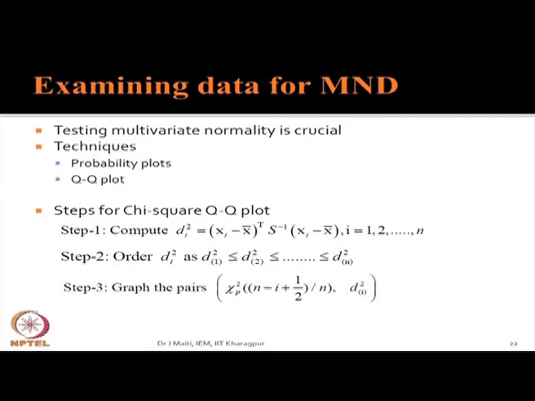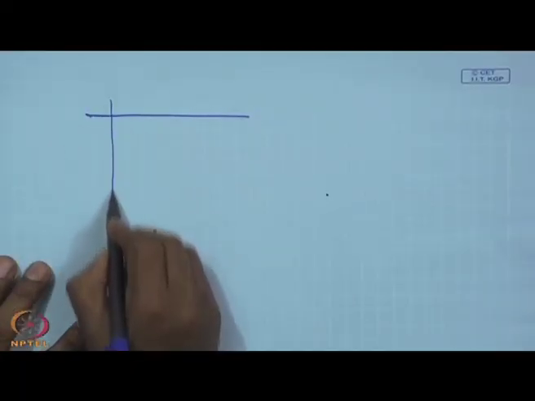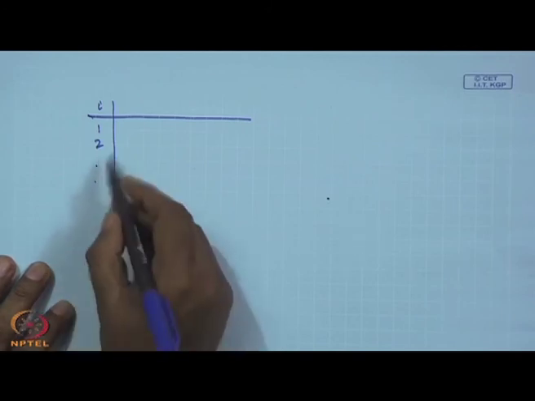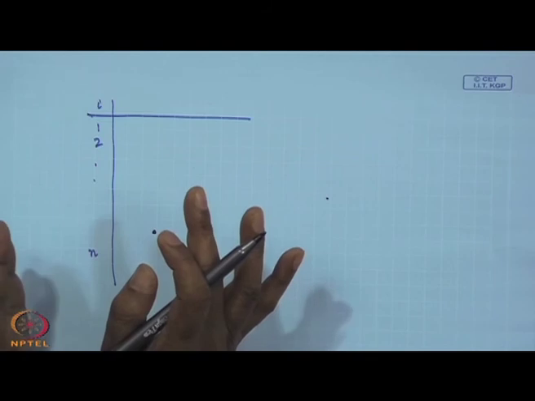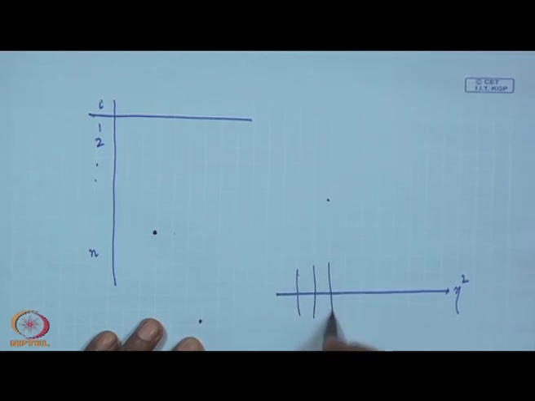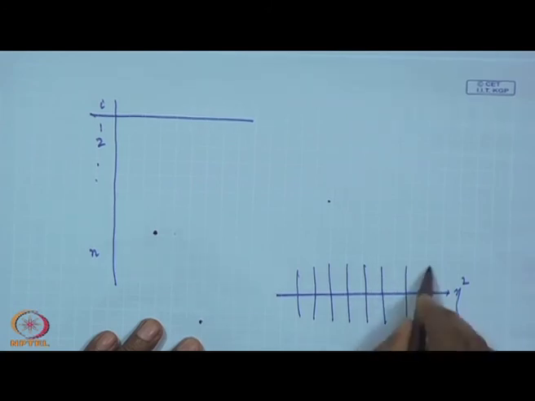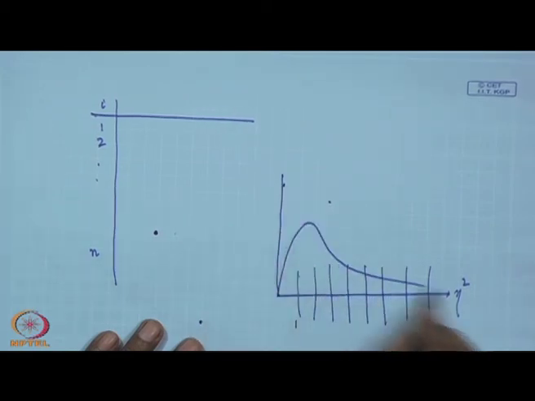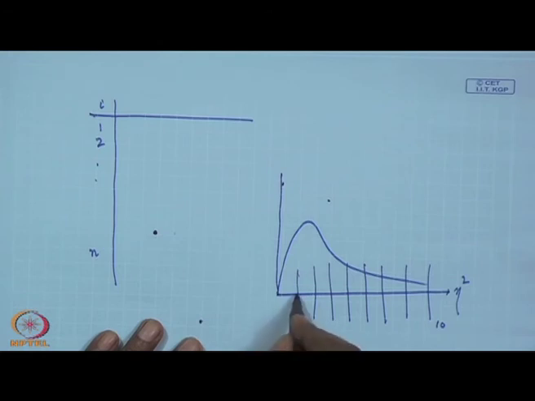What is happening here? You see that you have 10 data points, i equal to 1 to 10, ordered data points. So, this is the chi-square axis, the chi-square variable axis, and you have divided it into 10 parts. Your chi-square will be something like this, as we have discussed. Now, you want to get the chi-square value here.